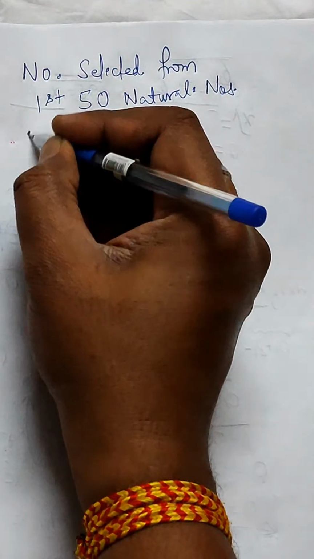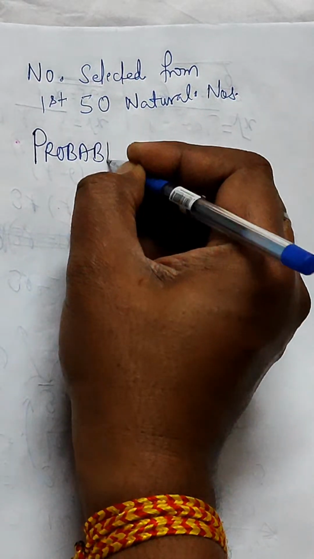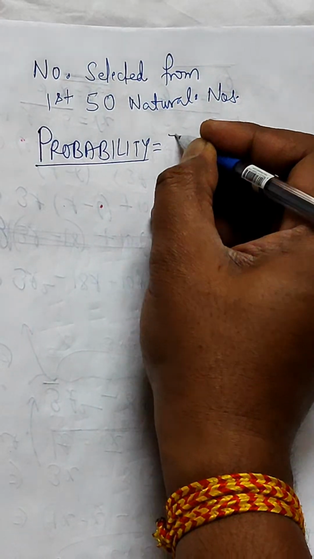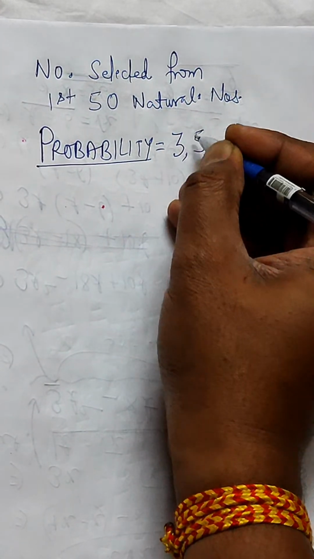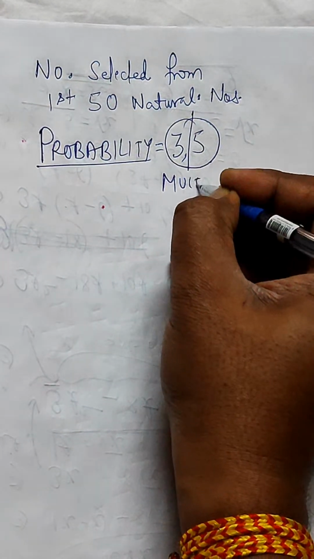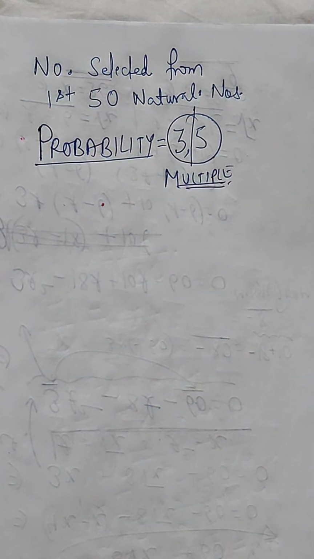We need to find what is the probability that it is a multiple of 3 or 5. What is the probability that it is a multiple of 3 or 5? That we need to find.